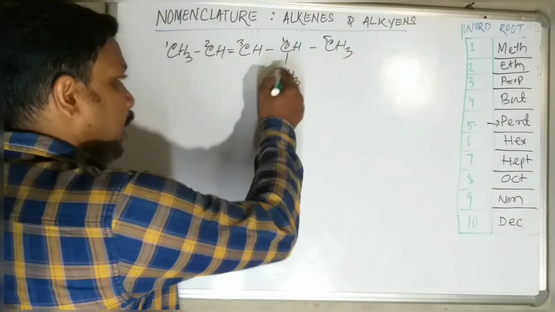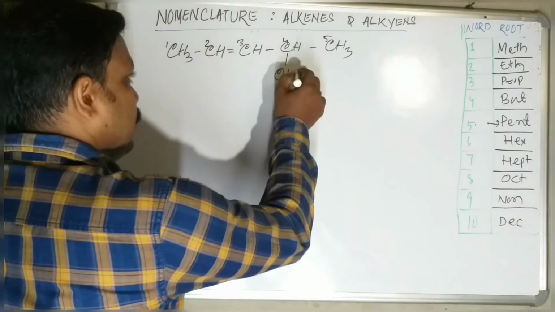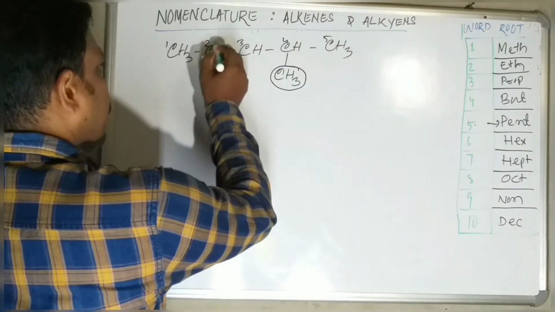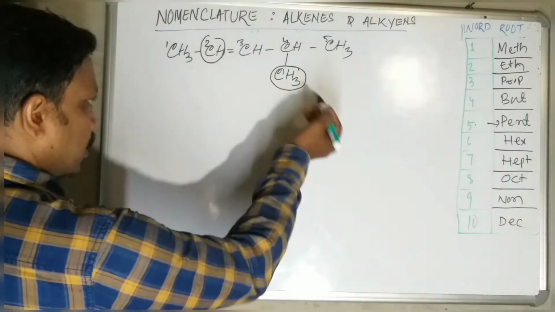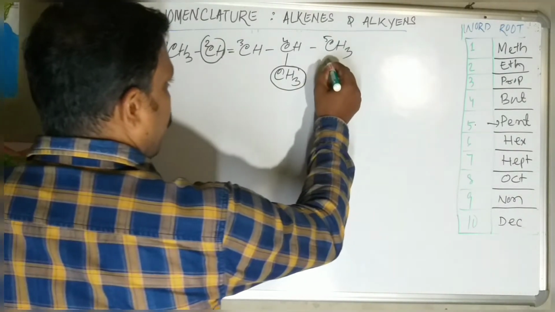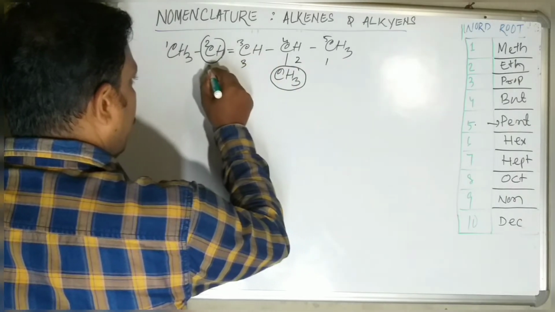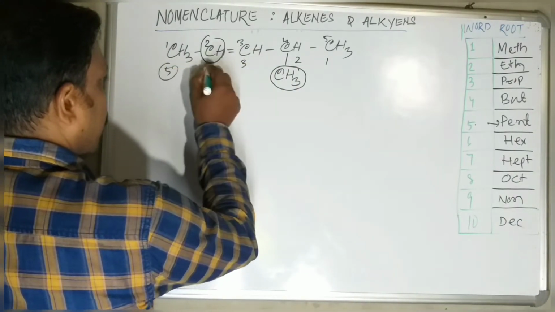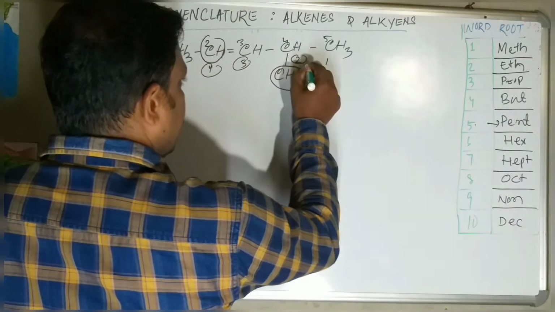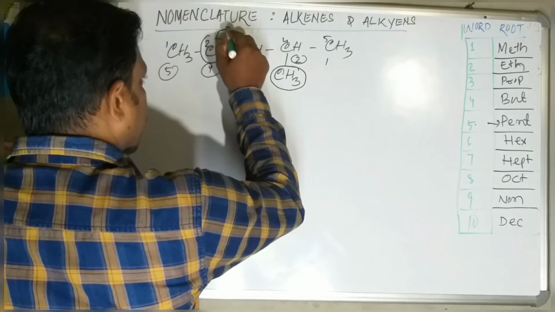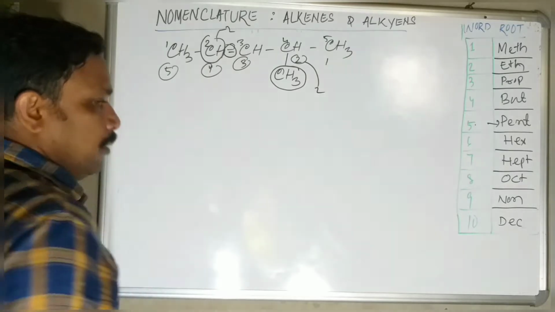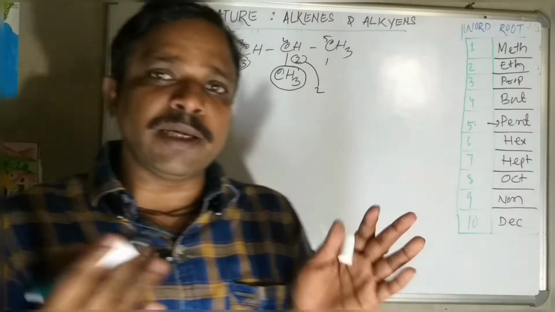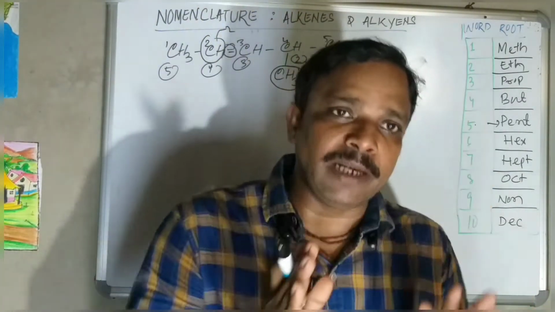If we count from the right hand side, 1, 2, 3, 4, 5, here the functional group and the substituent are both in second position.